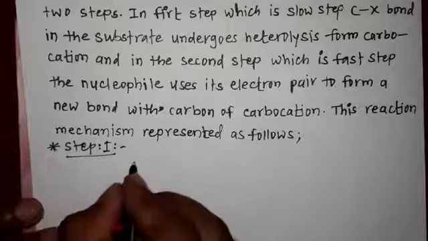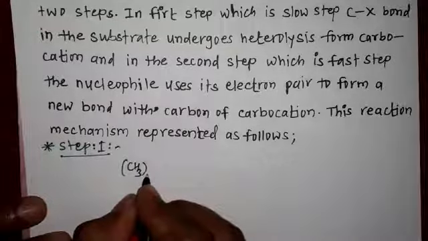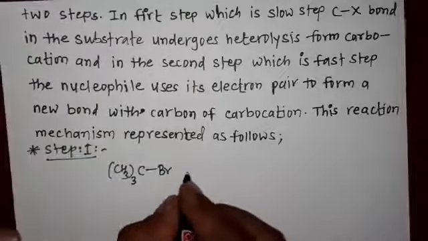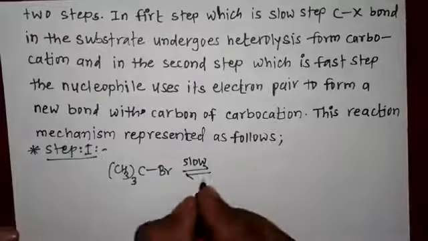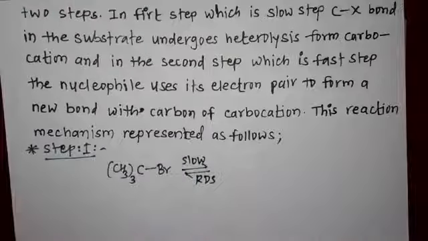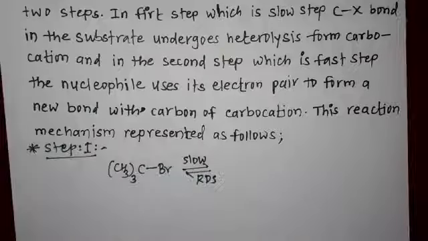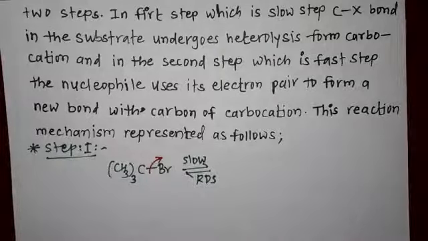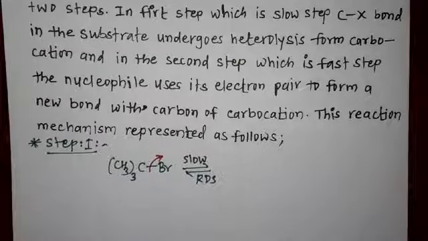Here this is tertiary butyl bromide, and this first step is a slow step, which we also call the RDS, that is the rate determining step. Here this carbon and bromine bond undergoes heterolytic bond fission, and due to the heterolytic bond fission it creates two types of ions, one is a cation and the other is an anion.